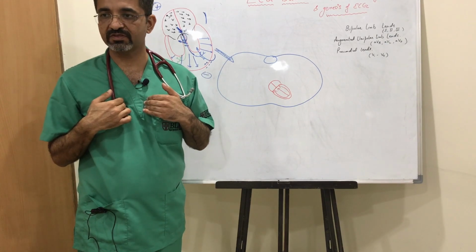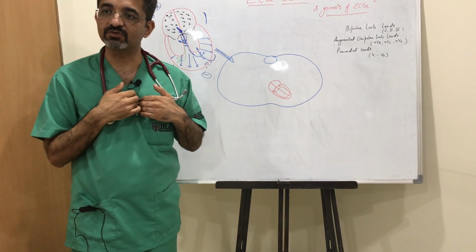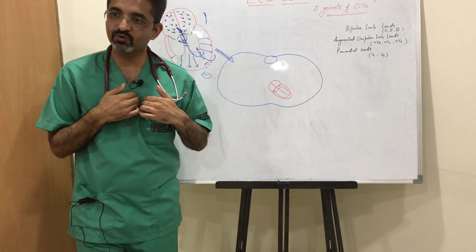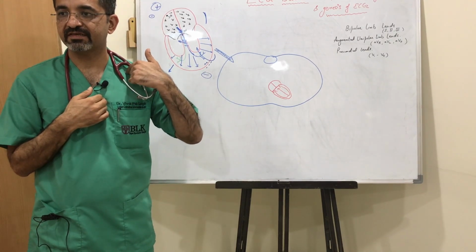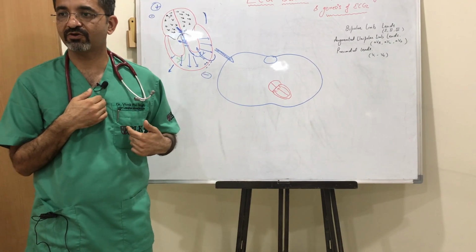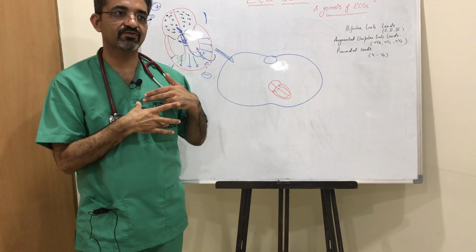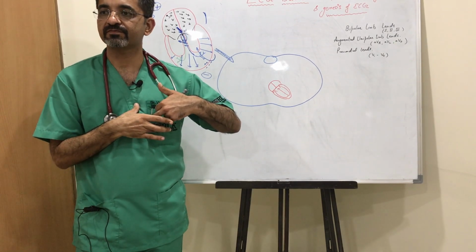Right ICS 4th space is V1, left ICS 4th space is V2. We forget V3 now. Now you go to the 5th ICS, mid clavicular line, you put your lead V4. And in this diagonal from V2 to V4, midway you put your V3.